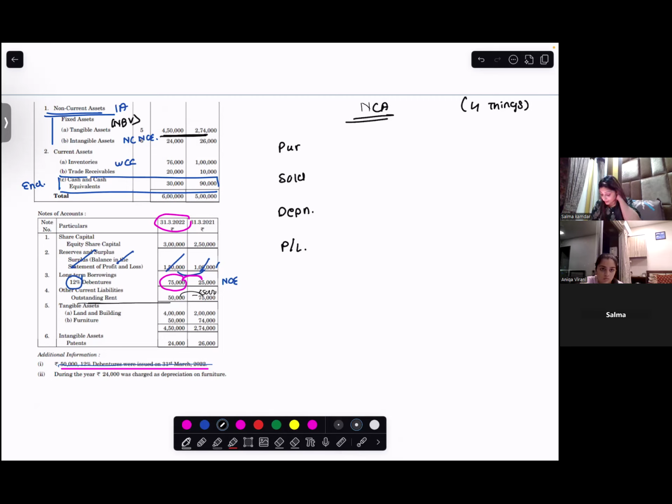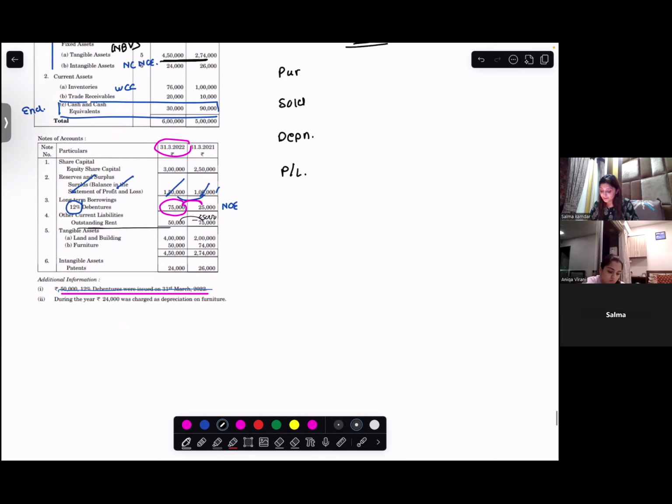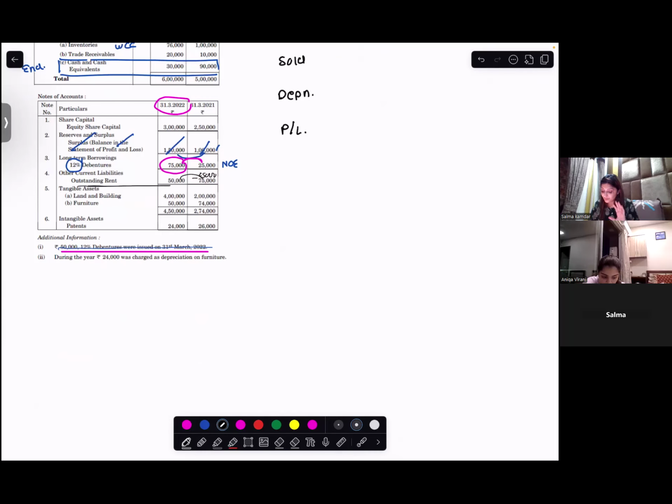Apart from this, have they given us any information about asset purchased or sold? No, but they've given for depreciation. So in this case, I will prepare the land and building account separately and the furniture account separately.